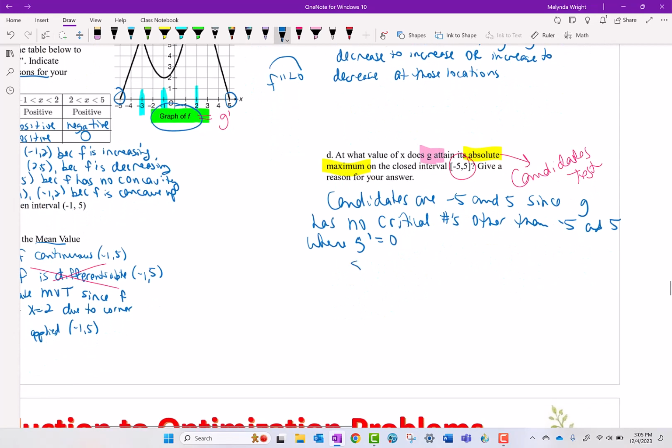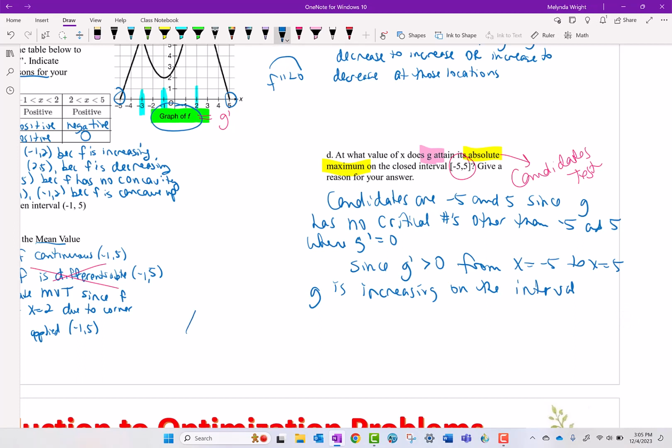Okay, so since G prime is greater than 0, from x equals -5 to x equals 5, G is increasing on the interval. Okay, so if G keeps increasing, big, grow, where's the absolute maximum value going to be? Well, there's no choice, right? It has to be at 5.